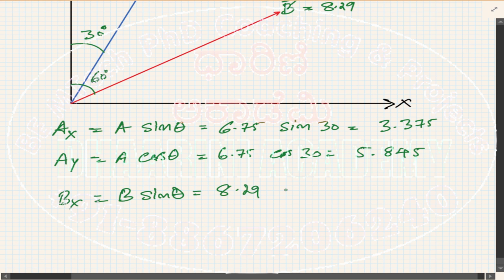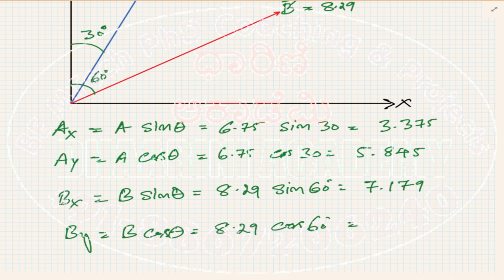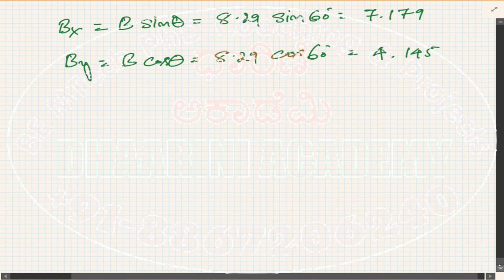So 8.29 into sine 60 comes to be 7.179, and By is B cos theta, so 8.29 cos 60, which is 4.145. Now let's go for another problem.